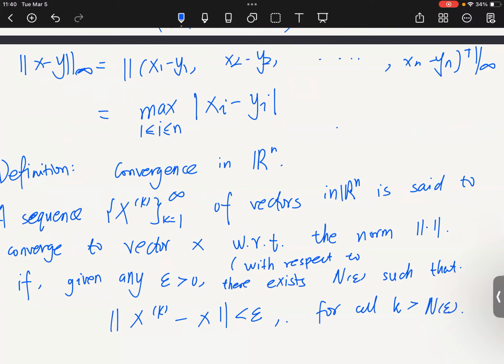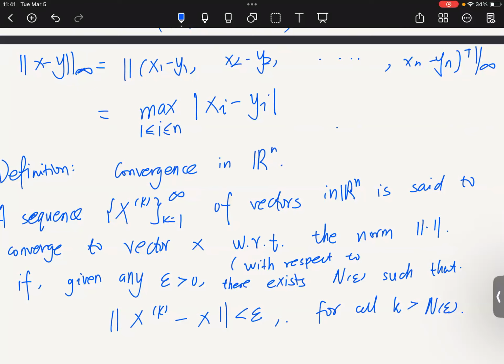And this is quite similar to the definition of the limit in calculus. But here we have the R^n space, the n-dimensional space, and instead of the absolute value in the calculus definition, we have the norm. We don't have the absolute value, we have the norm of the vector, and this represents the distance between the vector x_k and x.